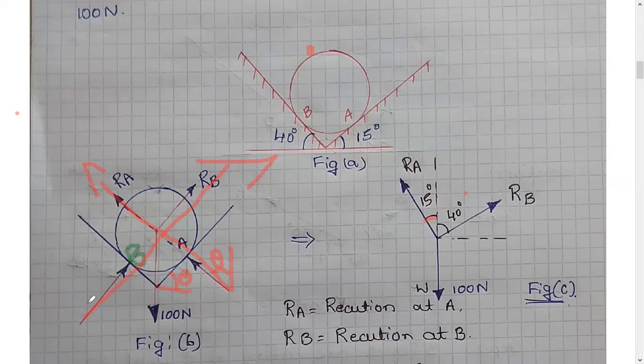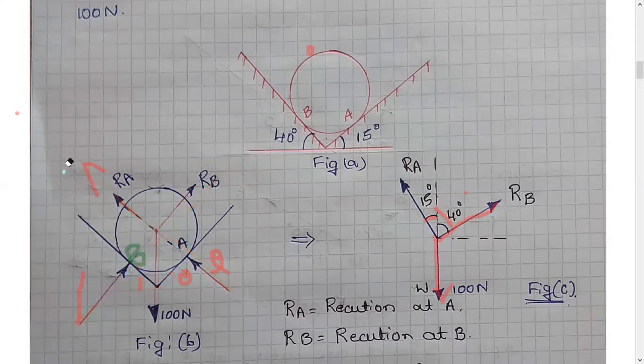The same way with RB, the reactional force: the plane is making an angle of 40 degrees with respect to horizontal, so the same theta of 40 degrees will be formed by the reactional force with respect to vertical. So here you see RB has been written like this with an angle of 40 degrees with respect to vertical. And there is the self weight of the sphere, 100 Newton, which has been represented here.